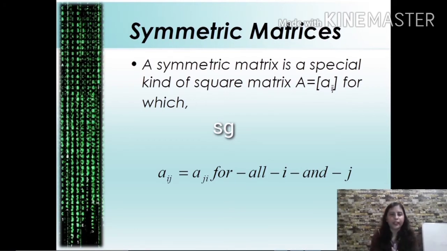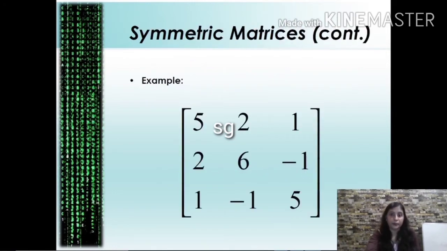Now for each i and j, if aij is equal to aji, we say that the matrix is a symmetric matrix.